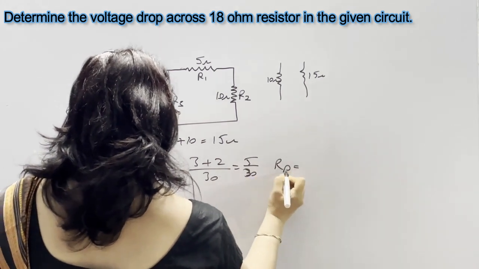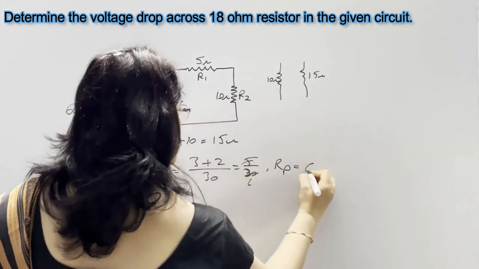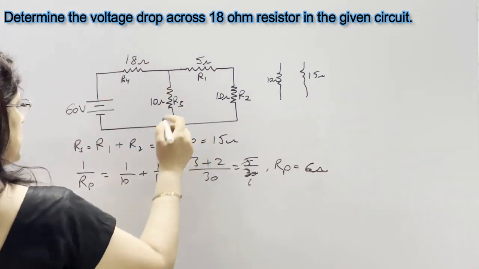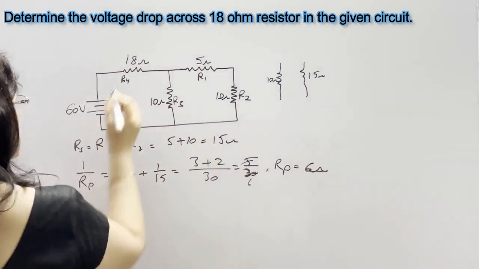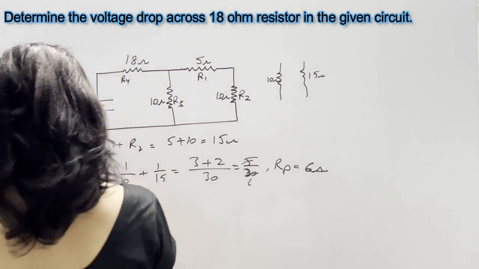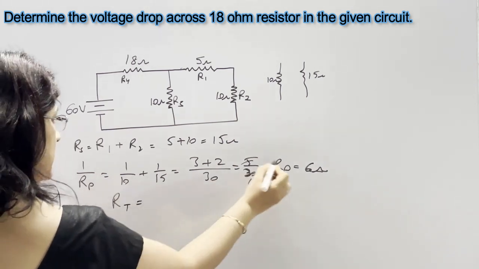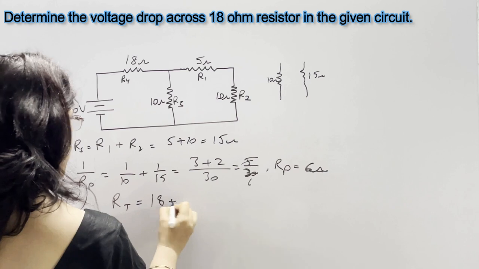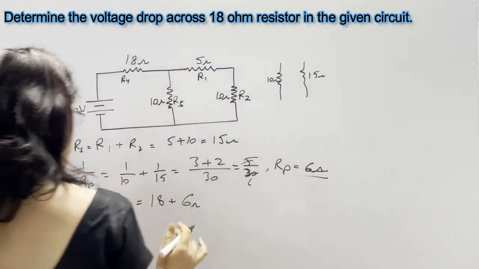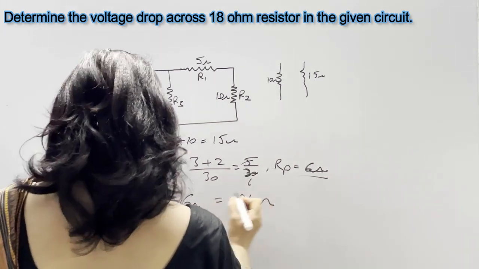It means the value of the parallel combination of resistances is 6 ohm. Further, this series resistor is also there. So the total resistance of the circuit is R total equal to this 18 plus this 6, which is the final resistance of this circuit. Then 18 plus 6 is 24 ohm.